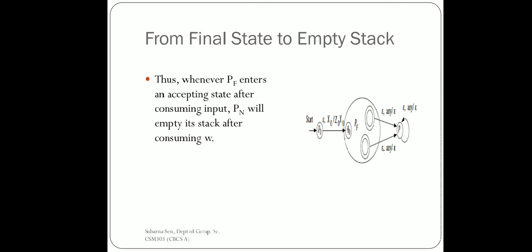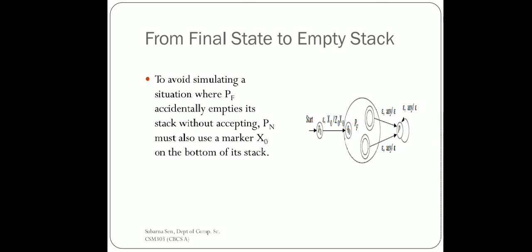Here, whenever it consumes all its input, with nothing remaining of W, the stack will get empty. Okay, to avoid simulating a situation where P of F accidentally empties its stack without accepting, PN must also use a marker X0 on the bottom of its stack.